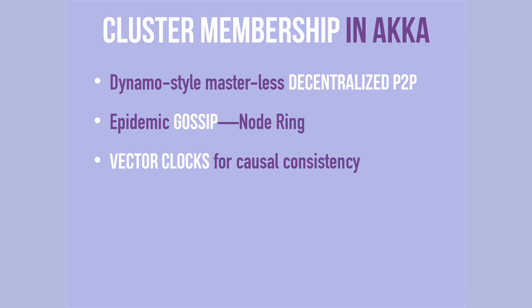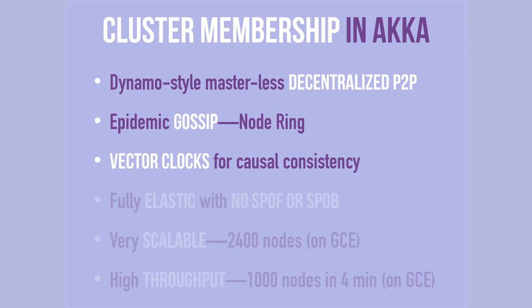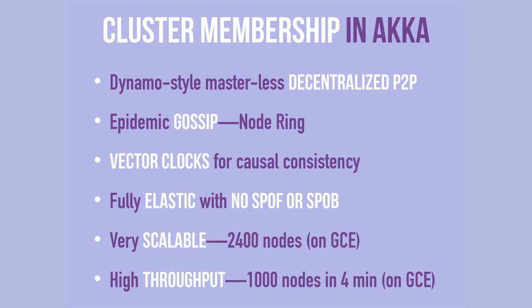We use vector clocks. That's our way of keeping track of time for causal consistency. It's extremely important. We can't possibly make sense of anything without vector clocks. And it's extremely scalable. I mean, we can easily run unoptimized.